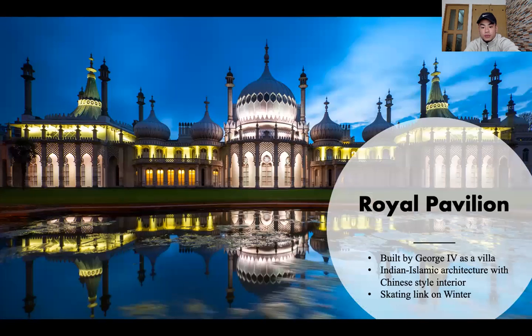Then the most famous place for tourists would be the Royal Pavilion, which is the symbol of this city. The Royal residence was built by George IV in Brighton as a villa. The exterior architecture is Indian Islamic, and the interior is Chinese style. He had a sort of artistic education.